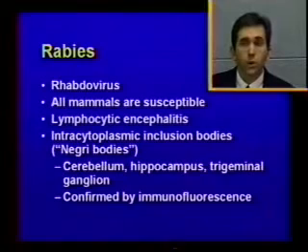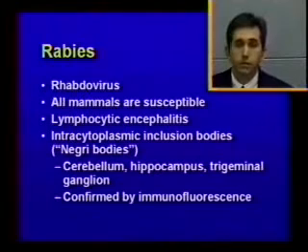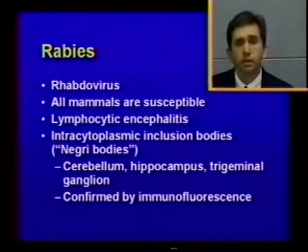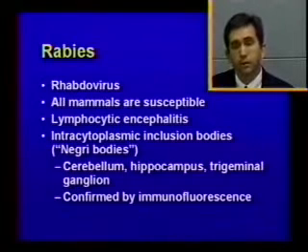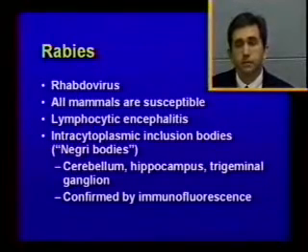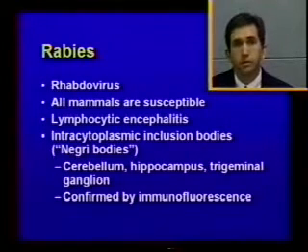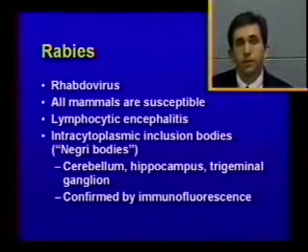So when you are in practice or on this exam, if someone asks you how to identify whether rabies is causing a disease, the important thing to remember is that the brain must be removed, must be unfixed, that is not fixed in formaldehyde, and sent to an appropriate diagnostic lab who can run a test to look for these Negri bodies that are either in the hippocampus, the cerebellum, or the trigeminal ganglion adjacent to the brain. And this is confirmed at a diagnostic laboratory through the process of immunofluorescence.